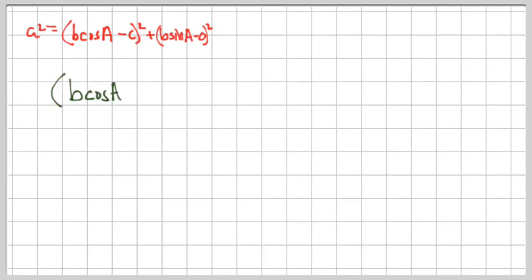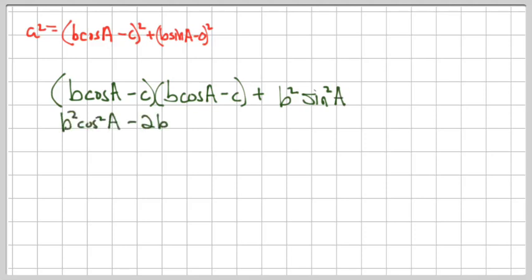So we just write out that binomial, and then however you multiply them out, whether it's double distribution or FOIL, that one is easy, it's minus 0, so it's b squared sine squared a. This becomes b squared cosine squared a minus 2bc cosine a, plus the c squared, plus the piece from before.